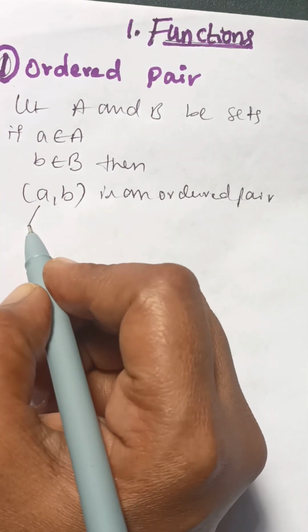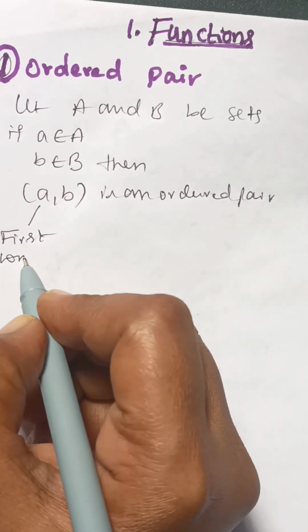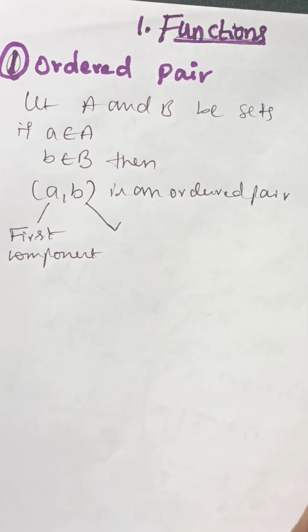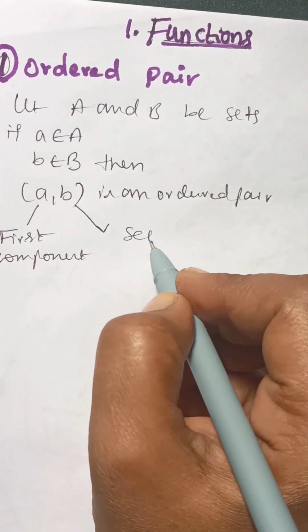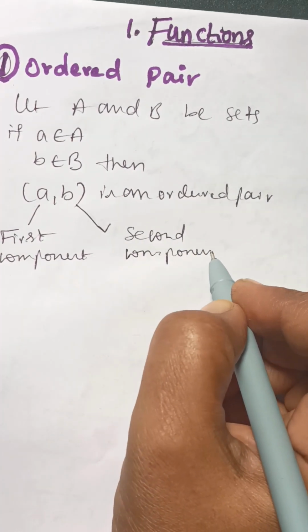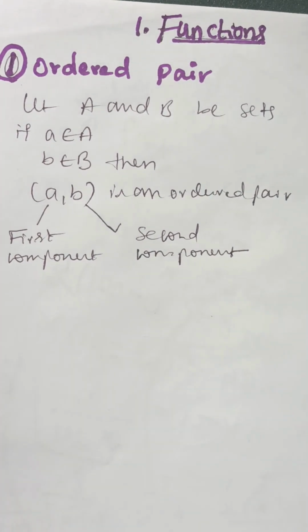This is called the first component, and the second one is called the second component, or first coordinate and second coordinate.